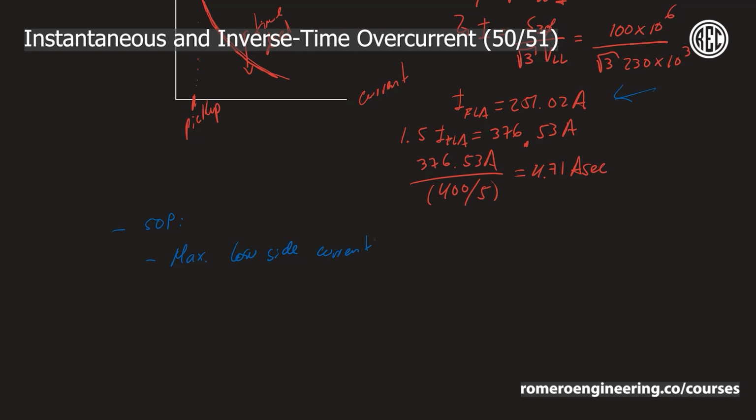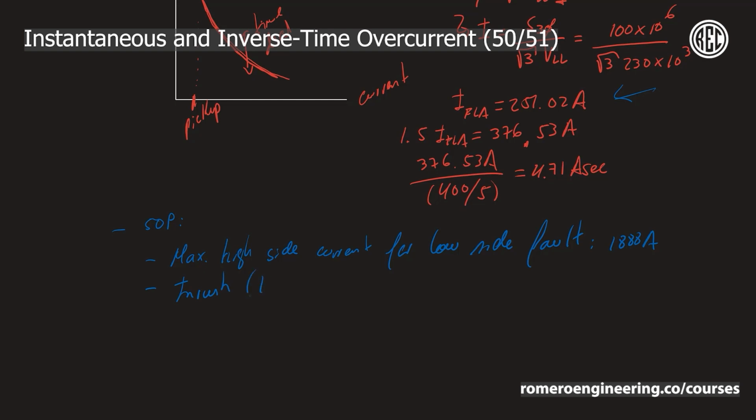And when I say low side current, I mean the current seen on the high side for a low side fault. So I should maybe rename this. Let's say maximum high side current for low side fault. And that number was 1888 amps, or the inrush current.